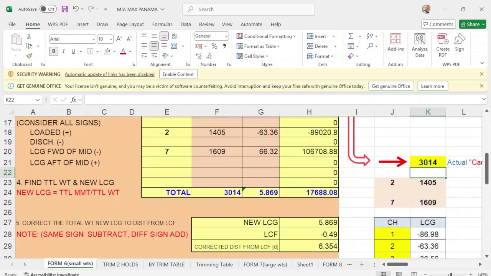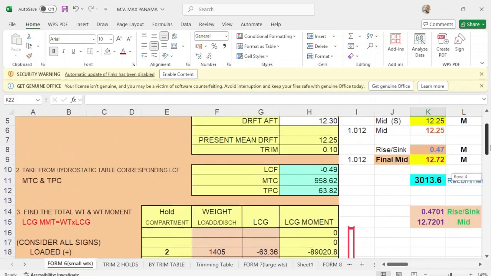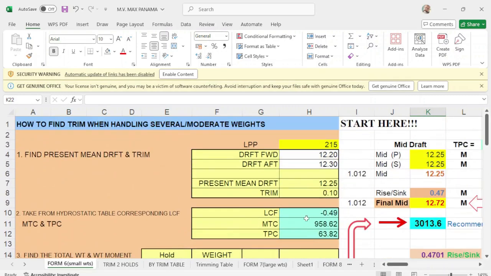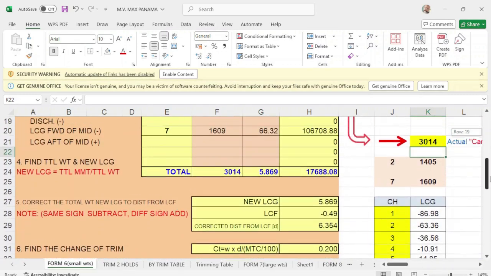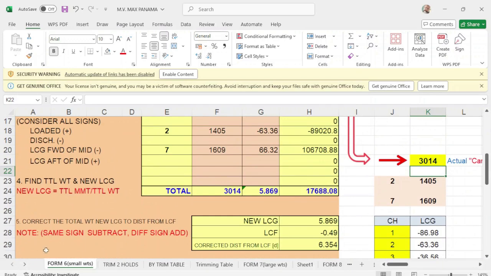Number 5. Okay, then you put here the LCF of negative 0.49. Your LCF here is negative 0.49, and what we do there, same name, subtract.